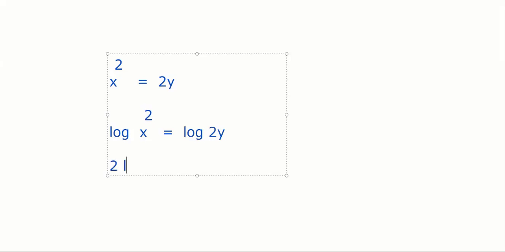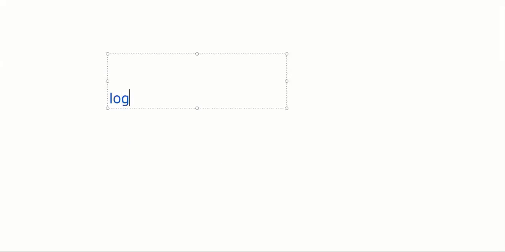So you get 2 log x equal to log 2y. The main property is this power comes here. Suppose if I say log of 4 to the power 3, 4 cube, it is the same as 3 times log of 4.